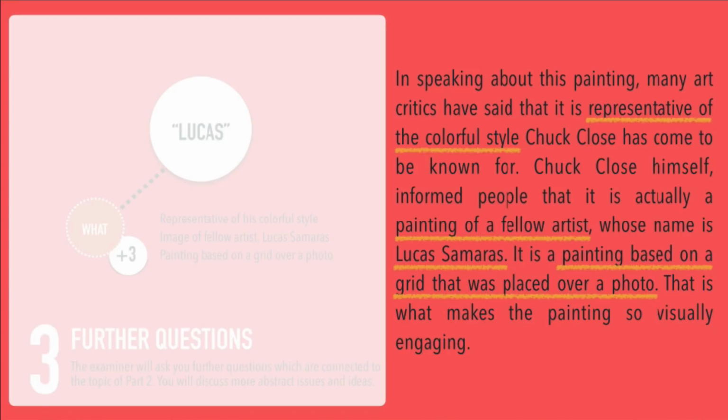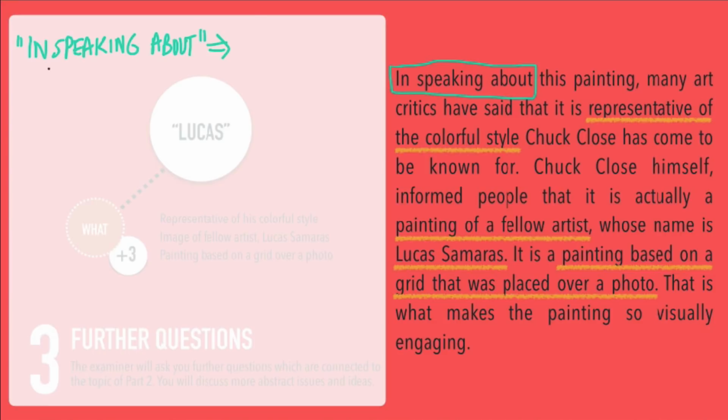Now, in this one sentence, we have 3 different patterns that we need to take a closer look at. Let's start with the first one. In speaking about. Okay, so let's write it on the left side here. In speaking about. Now, this expression or this pattern is used when we want to put focus on a topic and then lead to a person's opinion on that topic.